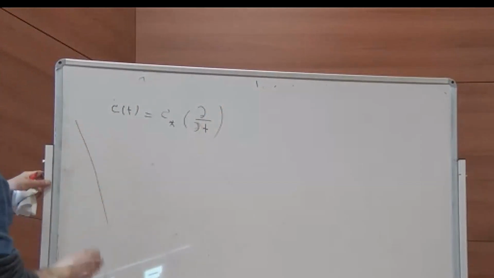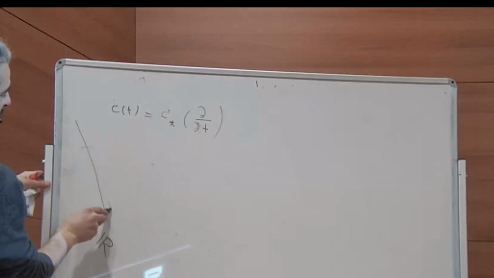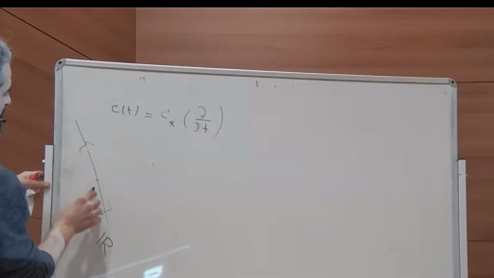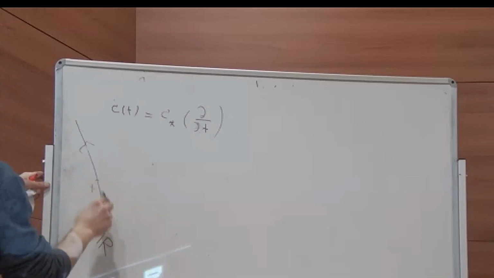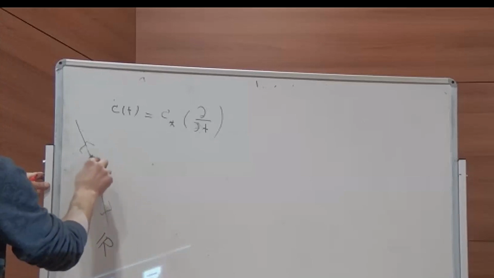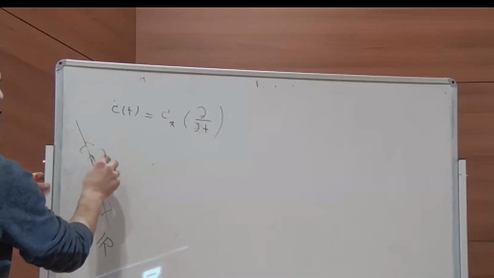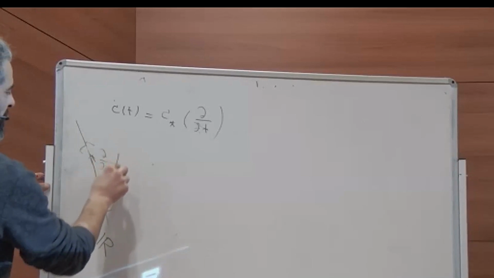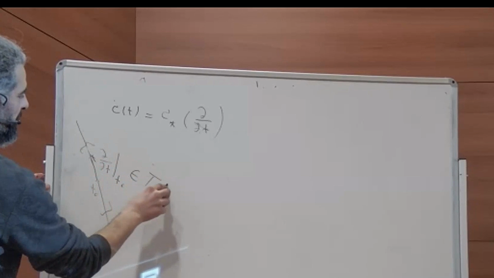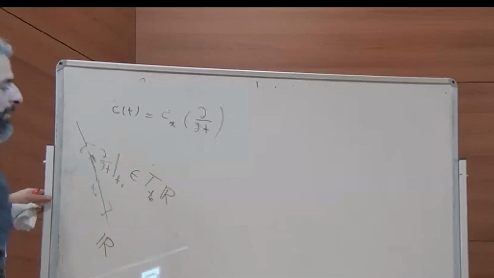So you have the real line here, an interval, closed. For example, this is t and it is oriented. Let's call it t0. So this is d over dt at t0. It's an element of the tangent space of the real line at the point t0. Okay.